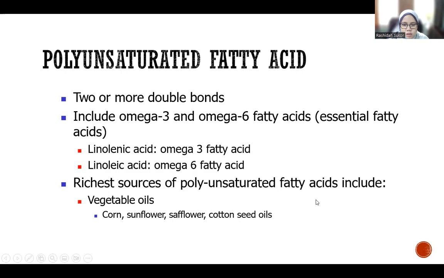So don't directly believe what the media is telling you about the goodness of other vegetable oils over palm oil, because from what we have learned and from a lot of research, palm oil is the most stable and best oil for frying.